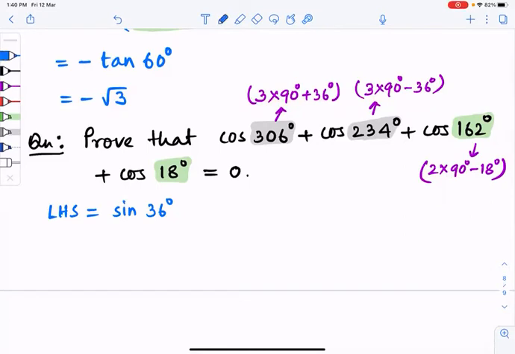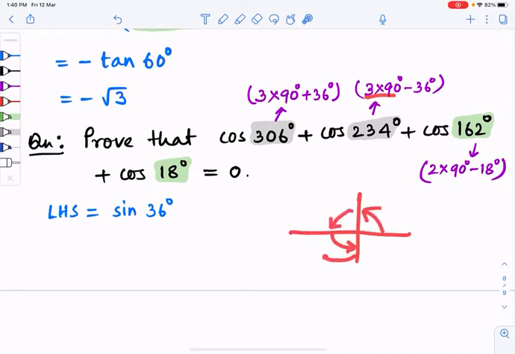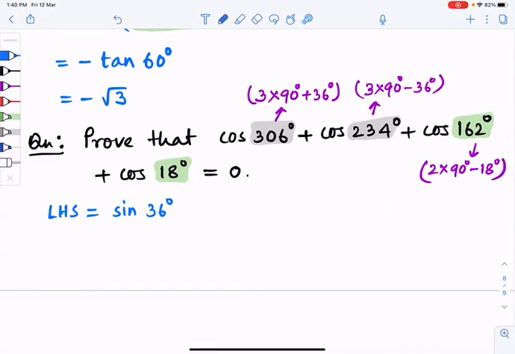Then this one, 3 into 90 degrees, 190, 290, 390, minus 36 means coming back here. So third quadrant cos is negative. Again, it will become minus sine of 36 degrees. This is 2 into 90 minus this.